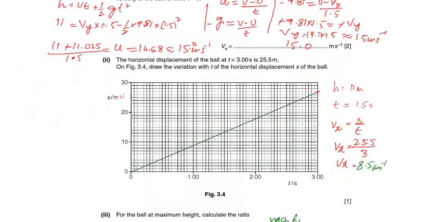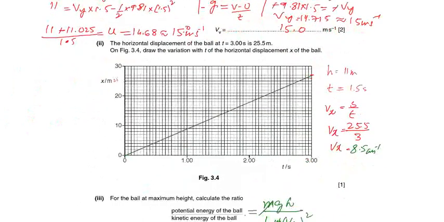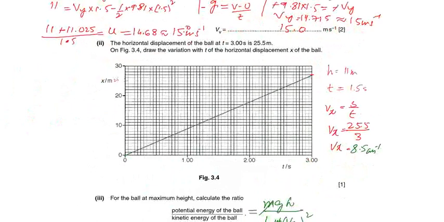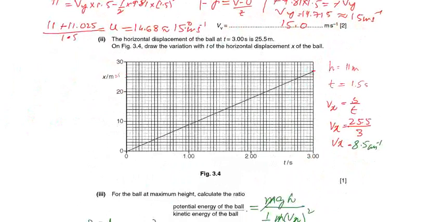The horizontal displacement of the ball at t equals 3 is 25.5. On the figure, draw the variation with t of the horizontal displacement of the ball. So h is 11, t is 1.5, but here t is total 3 seconds.